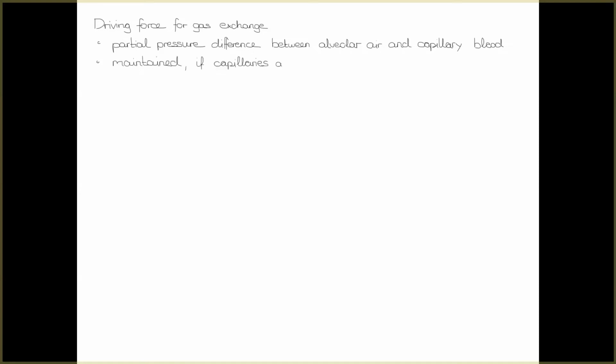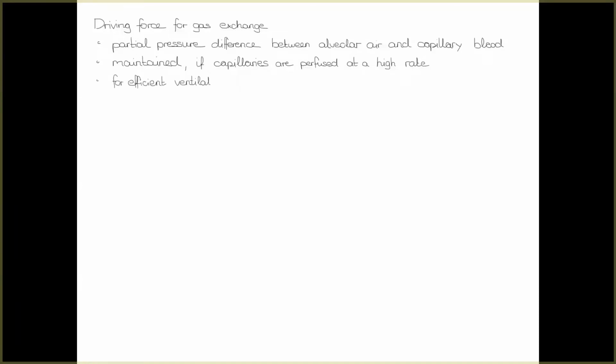This is maintained only if the partial pressure is kept high in the air part, and that's why we have to ventilate at a regular rate, because otherwise very soon the oxygen is drawn out of the airstream, the partial pressure difference becomes too small, and there is not enough oxygen getting into the blood, and we know what happens.